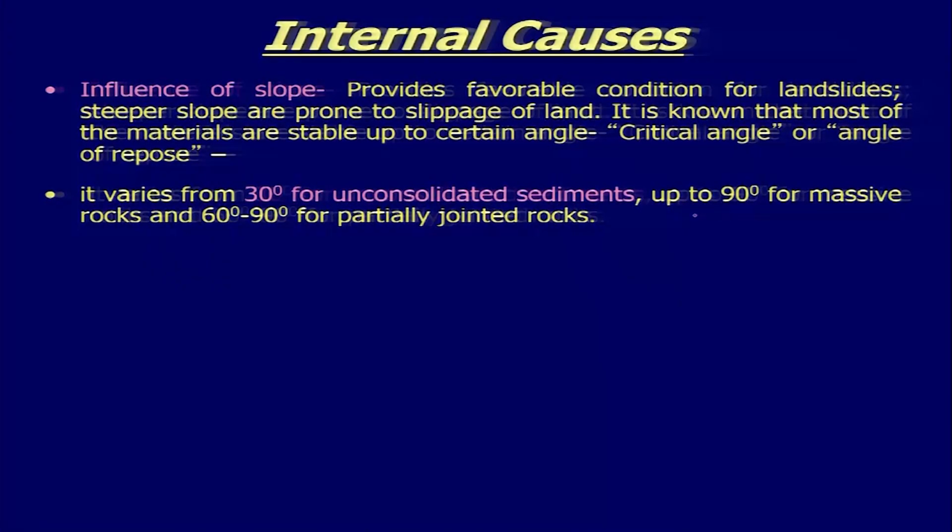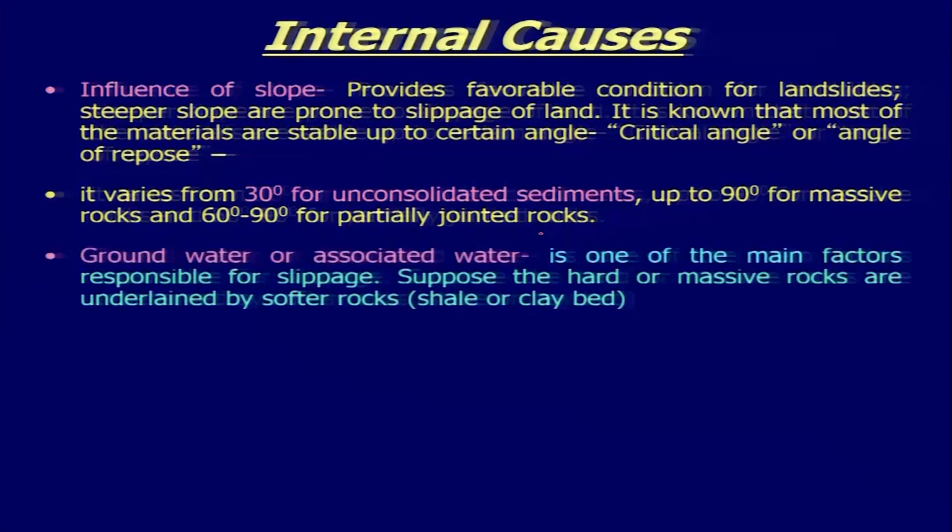But if the slope is greater than this, then there are chances of a landslip. The angle of repose for massive rocks can range up to 90 degrees, and 60 to 90 degrees for partially jointed rocks. But as I told you, groundwater or rain can affect these angles and change the scenario.